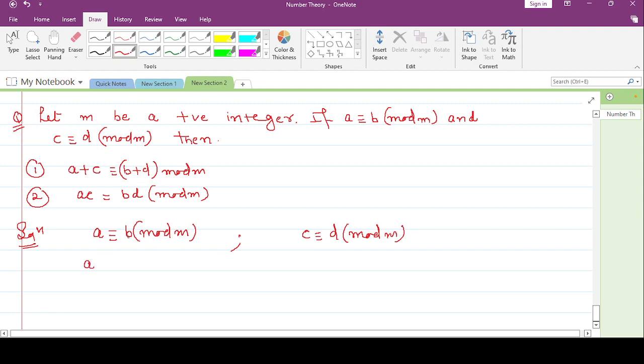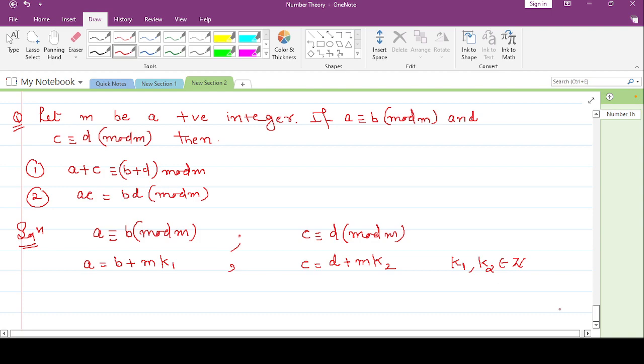That if a is congruent to b modulo m, then we can write it as a equal to b plus m into k1, where k1 is an integer. Similarly, c can be written as d plus m into k2, where k2 is an integer. Both k1 and k2 are integers.